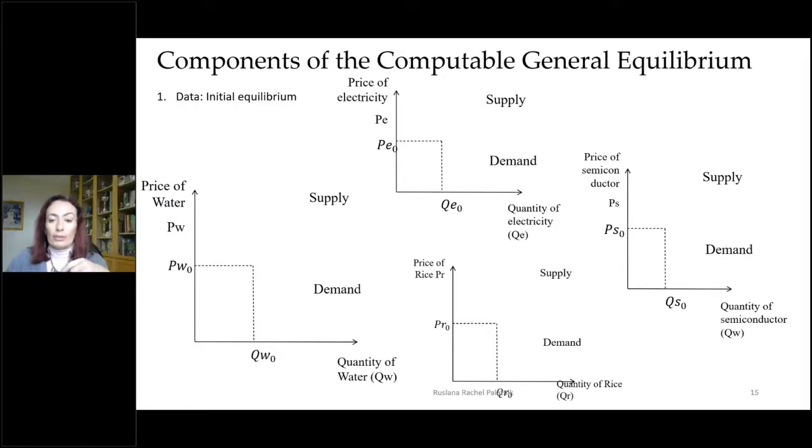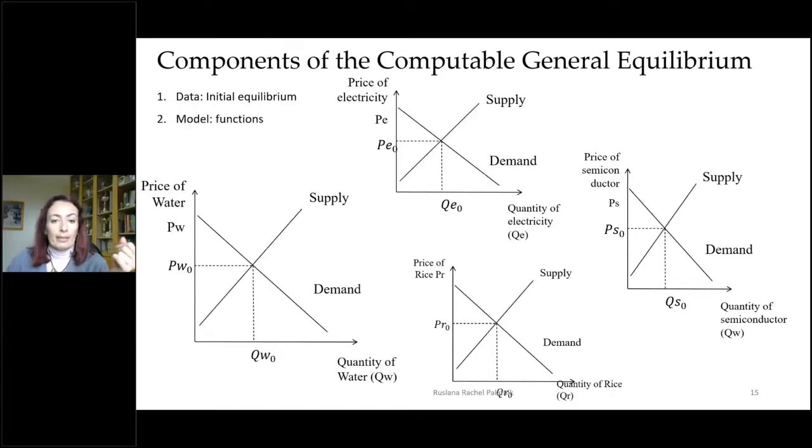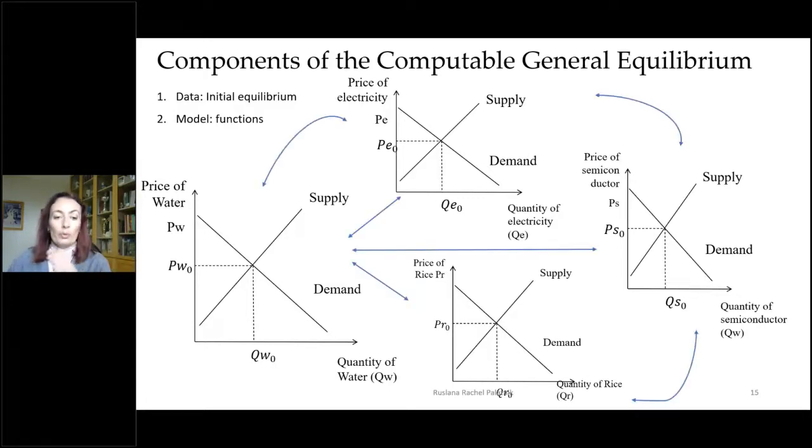Now, the theoretical model basically reflects the demand and supply functions of each of the markets, and also the links between the markets through what we usually call nested constant elasticity of substitution functions. I will explain it a bit in a few minutes.